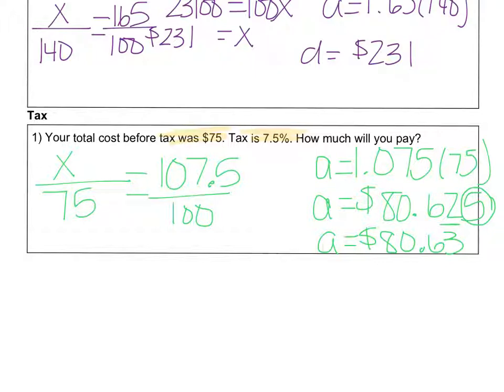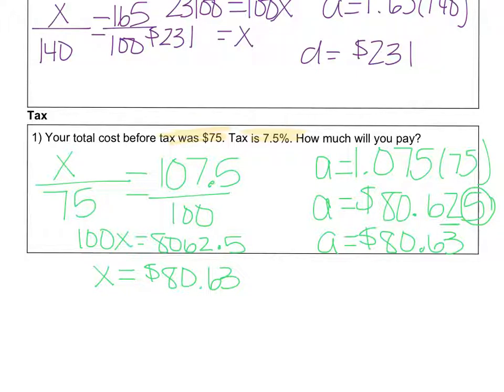If you cross multiplied, it's going to be 100x equals 8062.5, divided by 100. Same thing, but we're going to round up to $80.63. Wonderful.